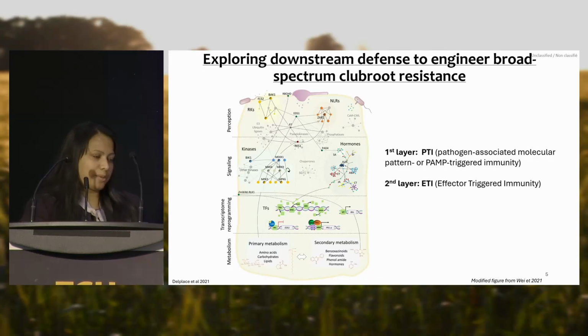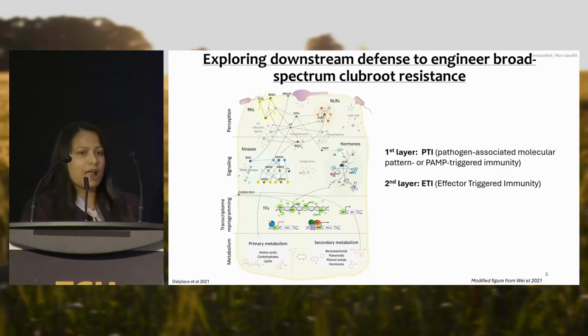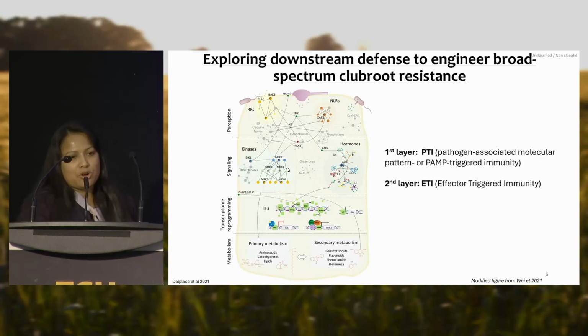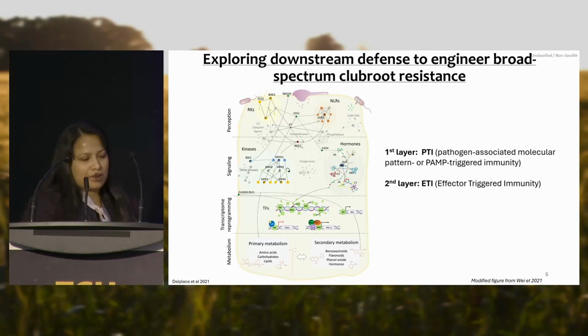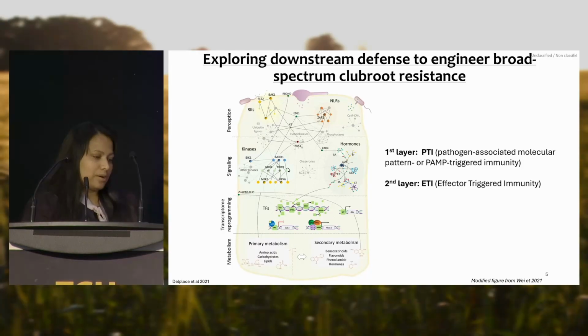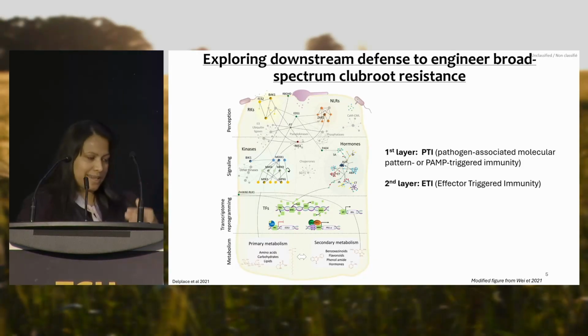One of the major advantages of exploring these downstream defense genes is to have broad-spectrum resistance, which was one of our main goals. This work was funded by the Agriculture Funding Consortium for two objectives. The first is gene mapping of resistance genes, and the second is exploring downstream signaling pathways for clubroot. Today I'll be talking about the second objective.